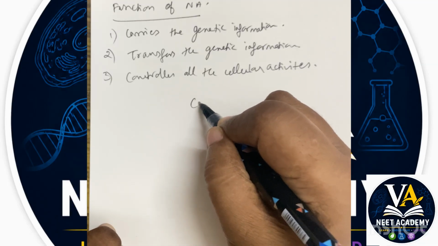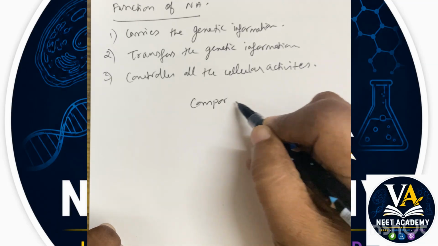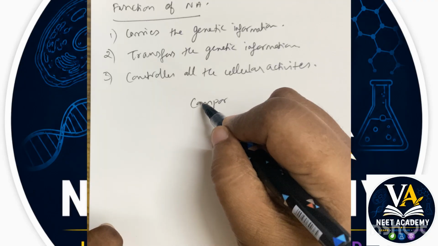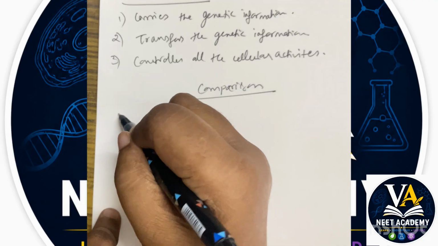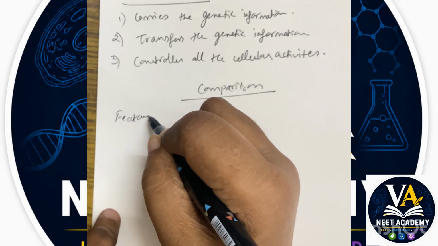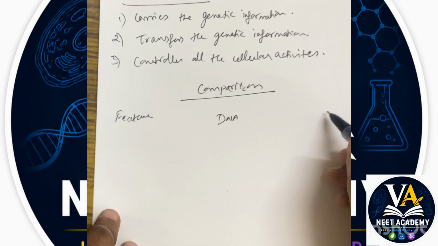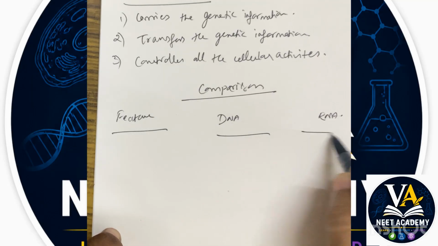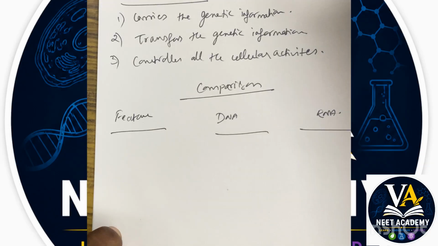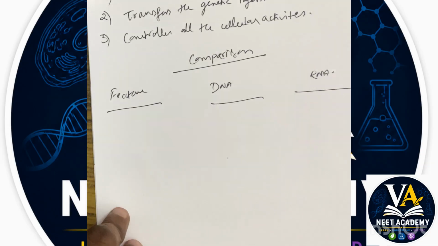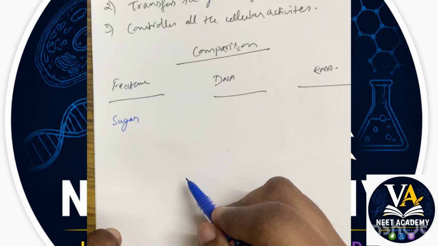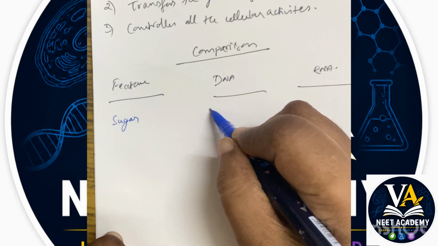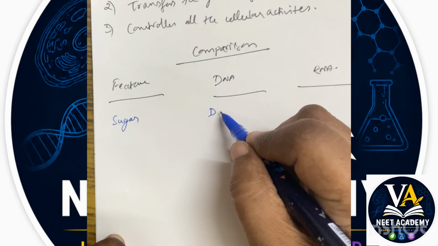So now let us see the final portion of the video, the comparison table. So you have a feature present in DNA and the same feature present in RNA. Let us see if you can answer these. First feature, sugar. What is the sugar present in DNA? Deoxy or ribose or only ribose?